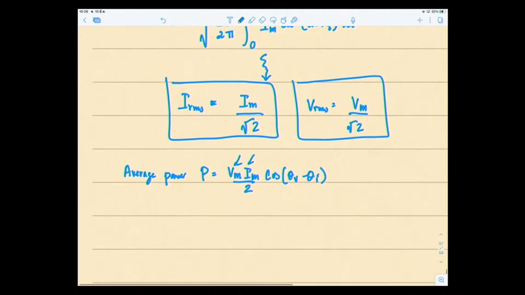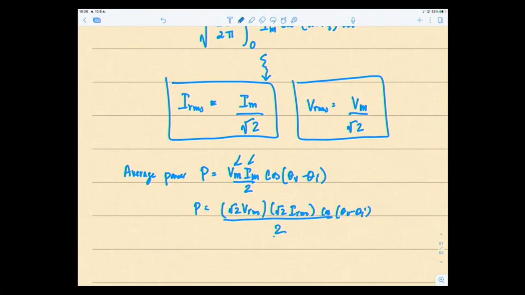So what do we get? We substitute what Vm and Im are in terms of VRMS and IRMS. From the formula above, Vm is simply root 2 VRMS, and Im would be root 2 IRMS, times cosine theta V minus theta I, divided by 2.